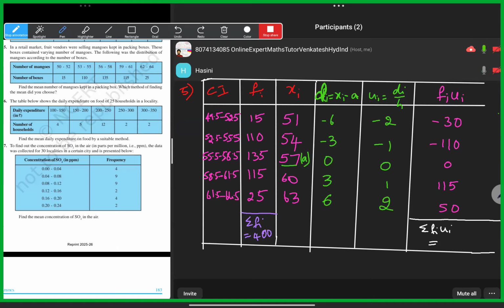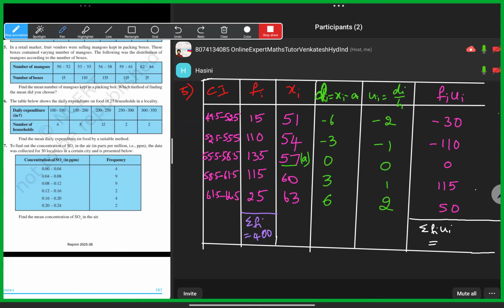Sigma fi ui is the addition of all the values of fi ui. For the assumed mean method, we do sigma fi di, which means all the values in the fi di column are added. Now if you add all the values in the fi ui column, we'll call it sigma fi ui.